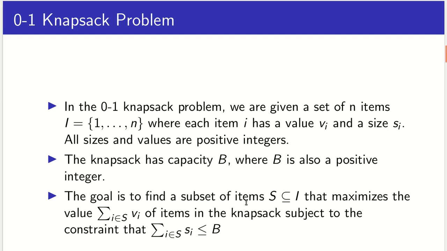Our goal is to find a subset of items S which belongs to this set such that it maximizes the sum of the values of items in the set S, and it should satisfy the condition that the sum of the sizes of items in set S should not exceed B.